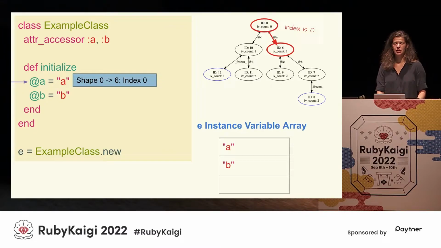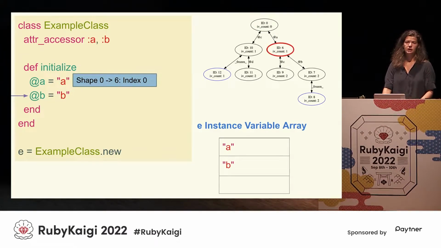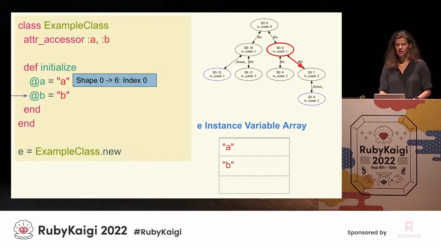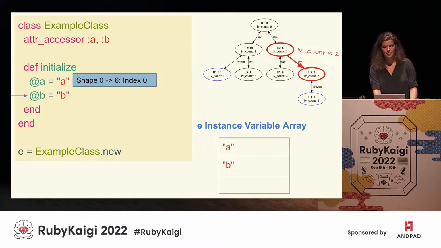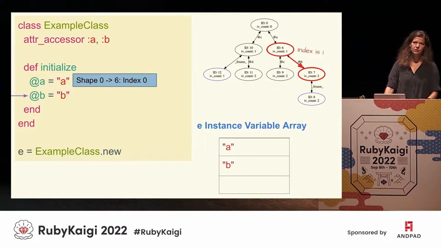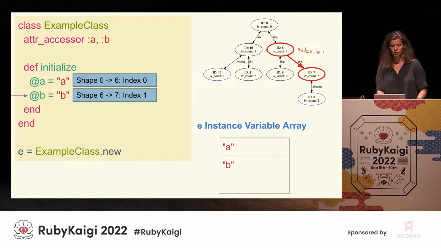So we can say the shape transition from shape 0 to shape 6 has index 0. Let's look at the same for B. We're going to start at shape with ID 6. We'll transition through the instance variable B to shape with ID 7. And the IV count here is 2, so the index is going to be 1. And we can say shape 6 transitions to shape 7 with index 1.